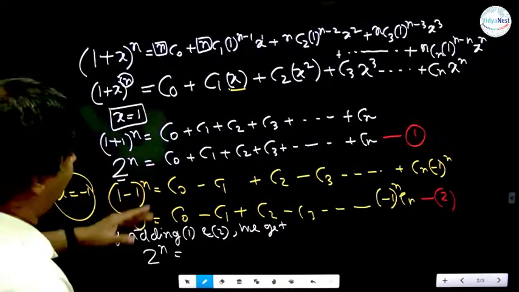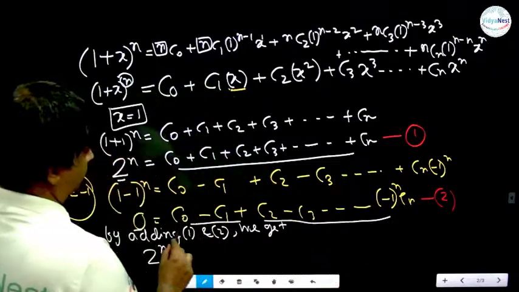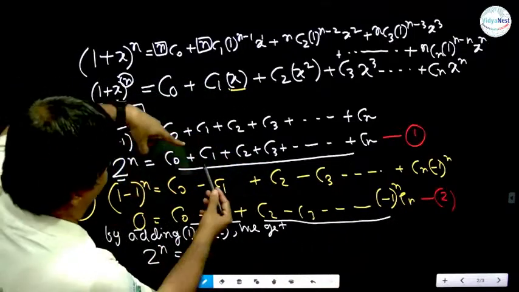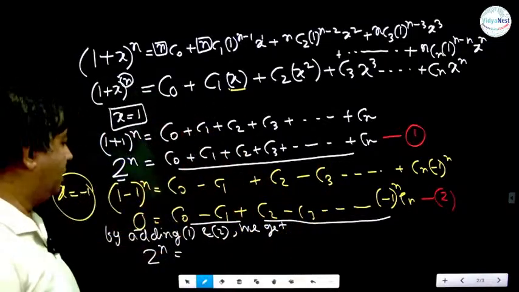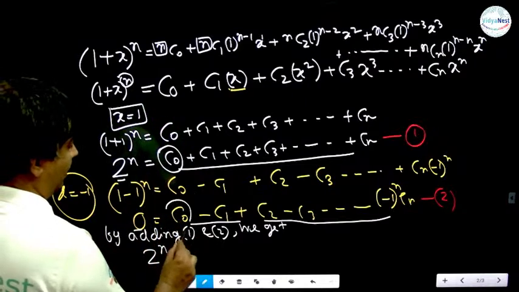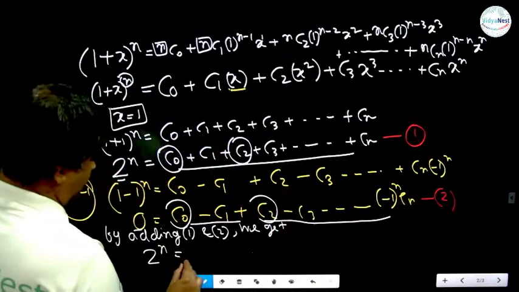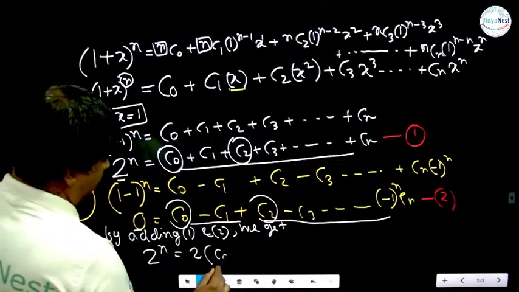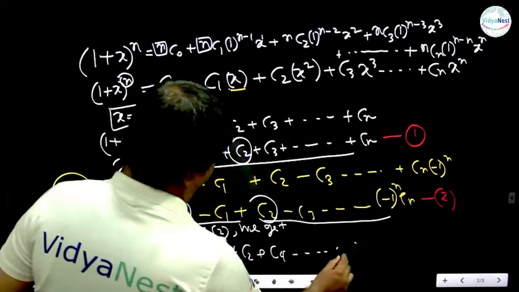If I add this and this, the odd coefficients will get cancelled, and each even coefficient will repeat twice: C0, C2, C4 and so on.